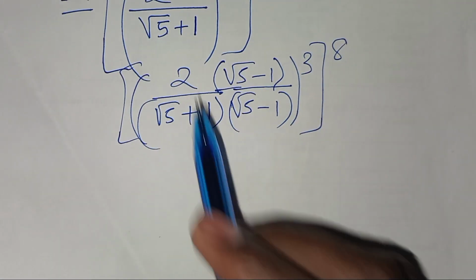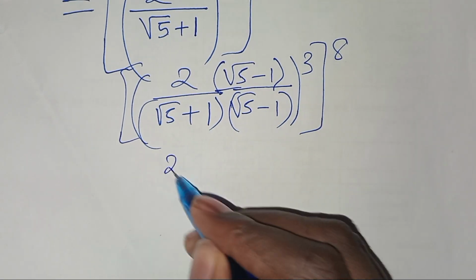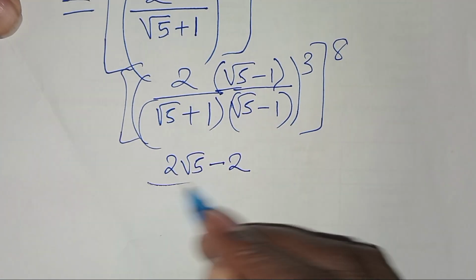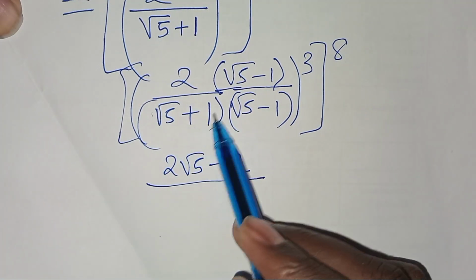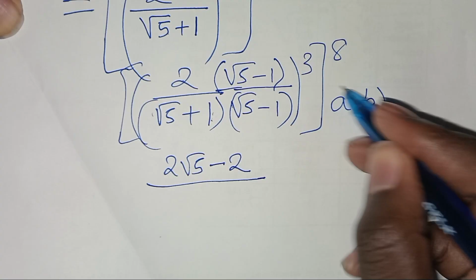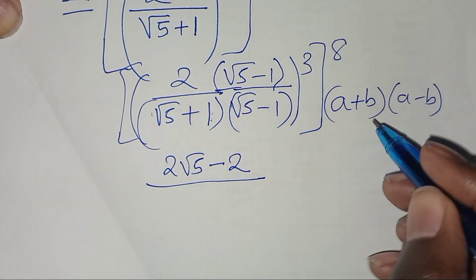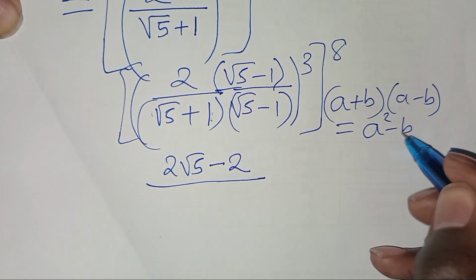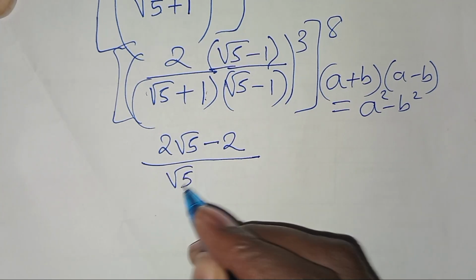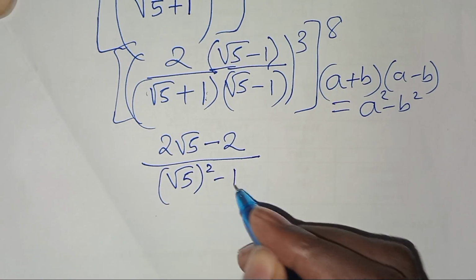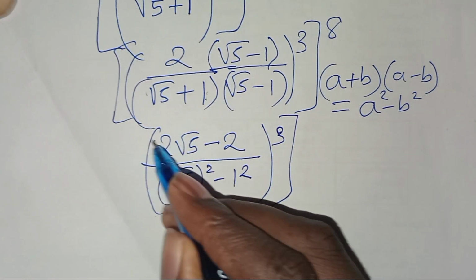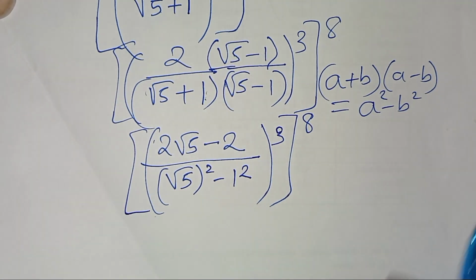Now from here, we have 2 times the square root of 5, which is 2 square root of 5, subtract 2, divided by the square root of 5 plus 1 multiplied by the square root of 5 subtract 1. This is in the form of a plus b, a minus b, which we can express as a to power 2 minus b to power 2, the difference of two squares. Here we have the square root of 5 squared subtract 1 squared, all raised to power 3 and everything raised to power 8.